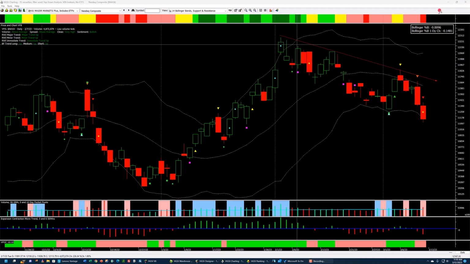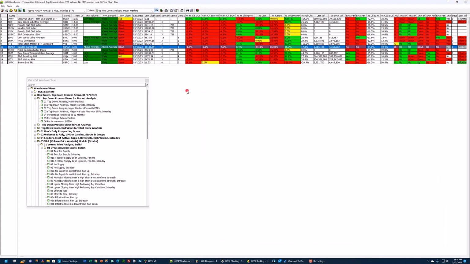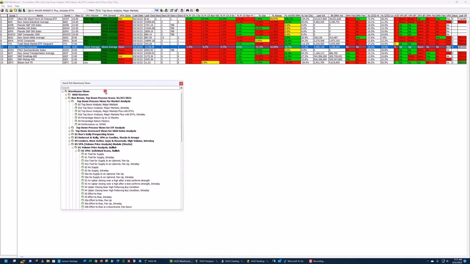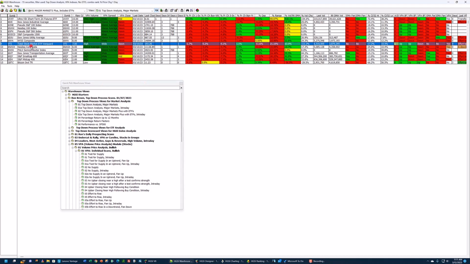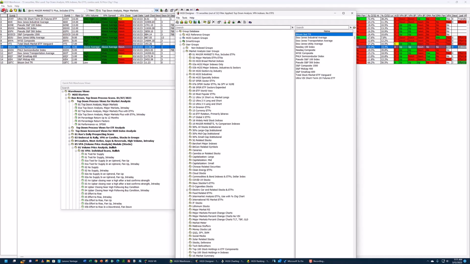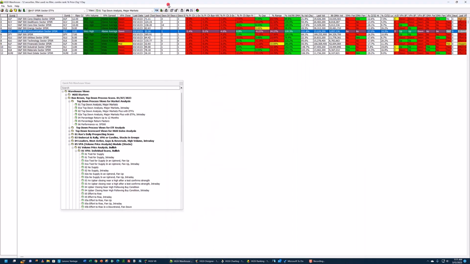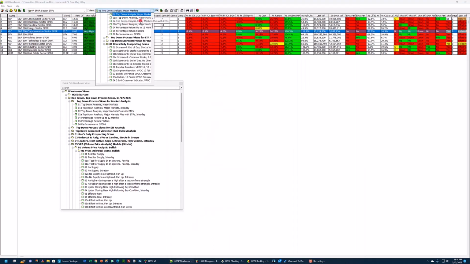Okay, now I want to get out of this, and I want to move down the list. I don't want this to get too long, as I said. So rather than just looking at the NASDAQ, I'm going to go to the Spider sector ETFs, take the filter off with the shift key, and click through.